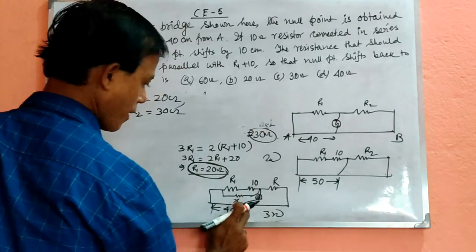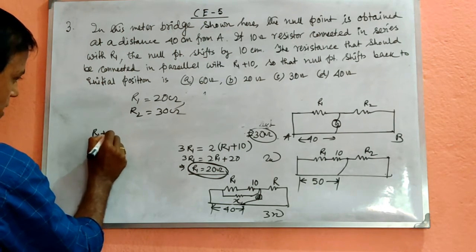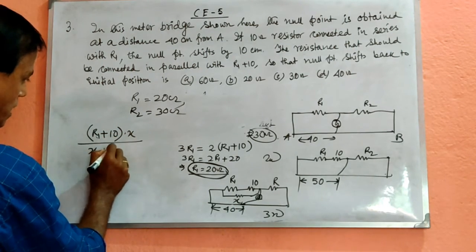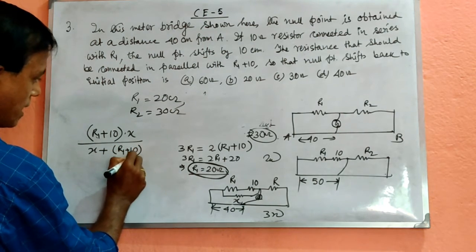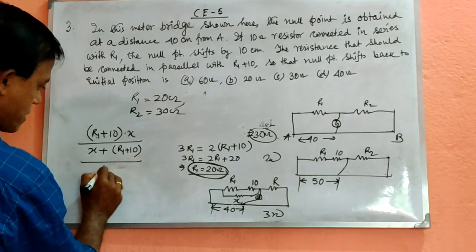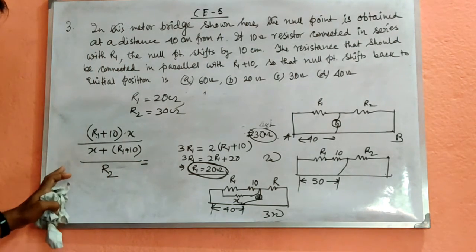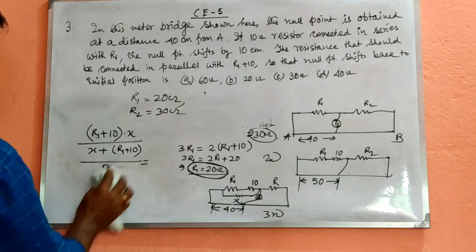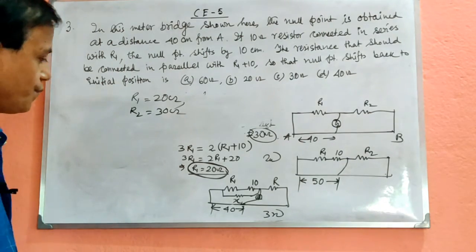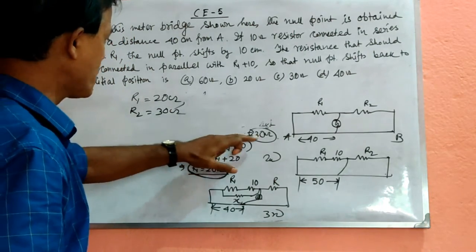Now here R1 plus 10 into X by X plus R1 plus 10 is the equivalent resistance, by R2 is equal to... Now we find R1 is equal to 20 ohms and R2 is equal to 30 ohms.